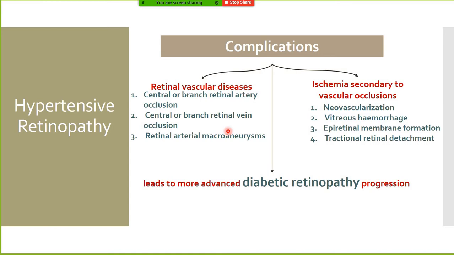Whenever there is hypoxia, there will be other ischemic changes. As we discussed in the previous classes about diabetic retinopathy and retinal detachments, the patient would start developing neovascularization as a result of hypoxia, and then there will be a vitreous hemorrhage. This is how these changes occur.